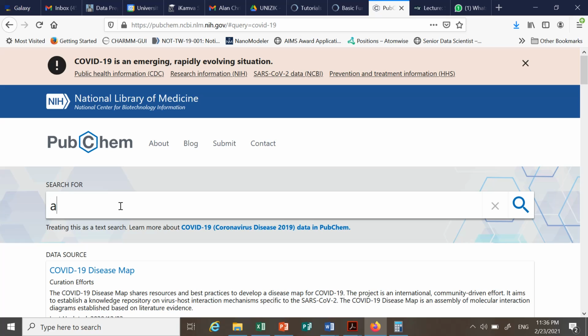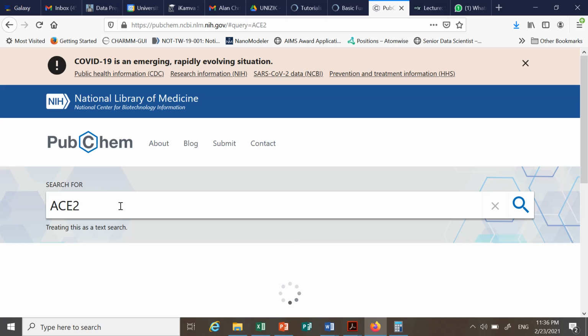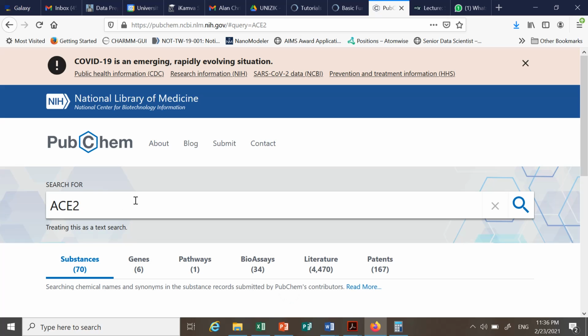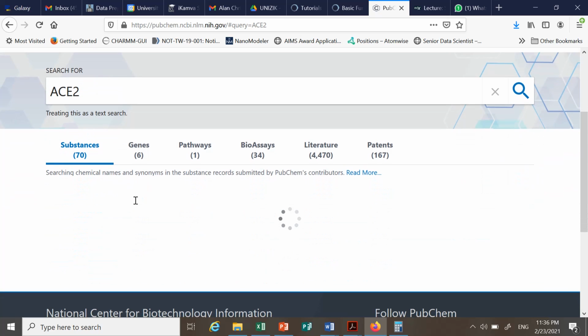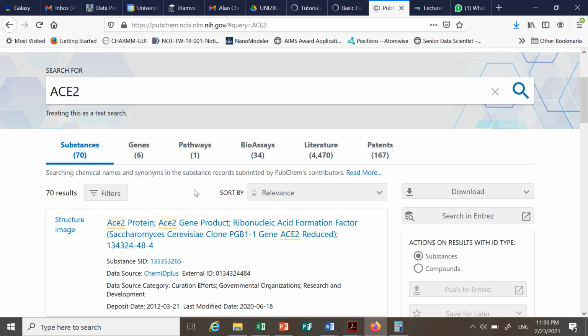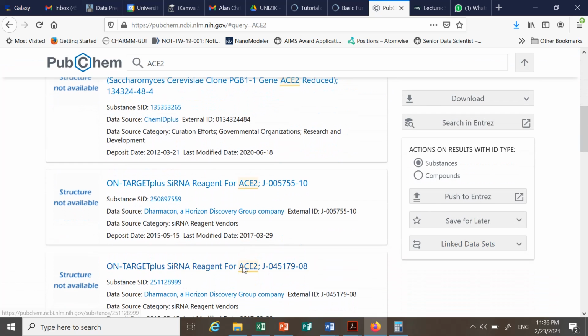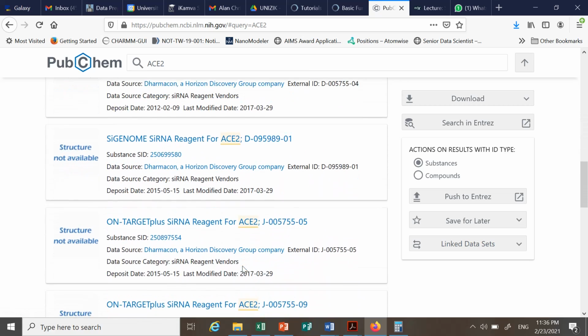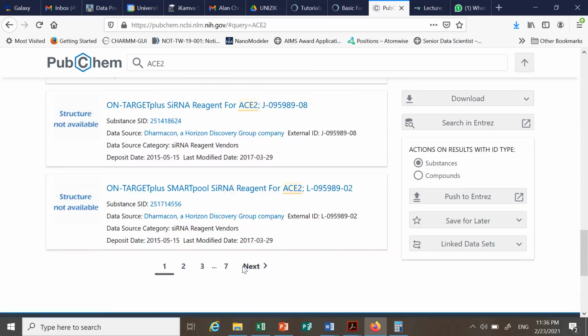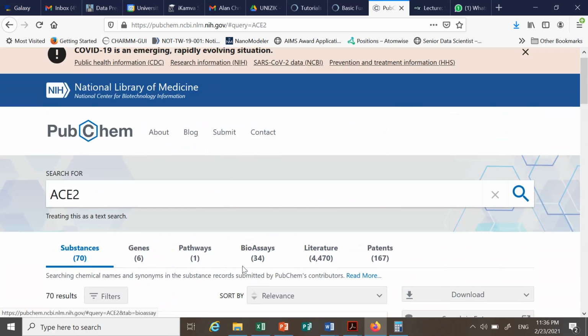Let me try the ACE that we used on the other side. Let's see what happens here. Okay, I didn't really see any compound related to this in terms of compound.